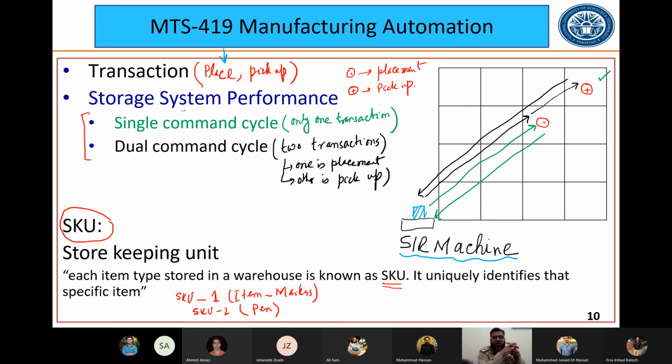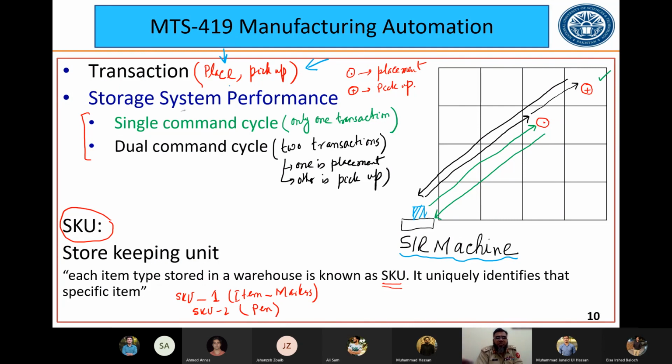Okay, so let us now define what is a transaction. We talked about it, that the storage performance is the hourly rate of transaction. So in 1 hour, how many transactions are carried out? So just look at this. Okay, look at these two terms, place and pickup.